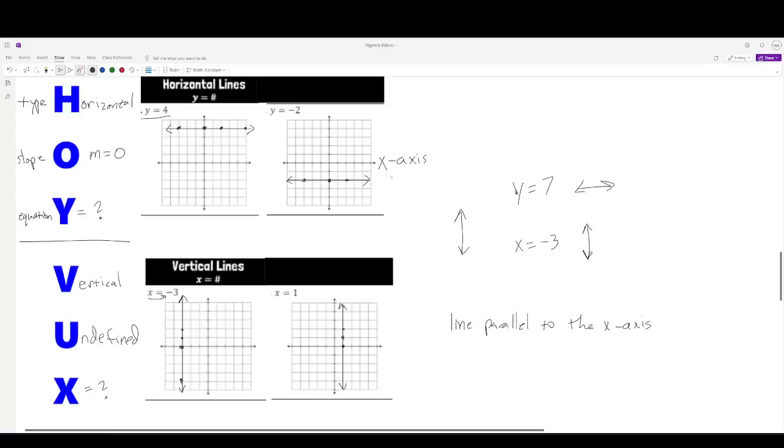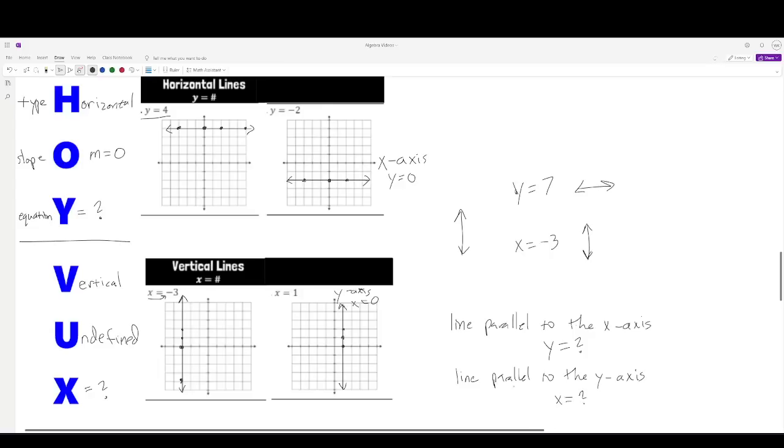So the x-axis is really the line y equals 0. And the y-axis is really the line x equals 0. So when we talk about a line parallel to the x-axis, that's going to be y equals something. And if we have a line parallel to the y-axis, that's going to be x equals something.